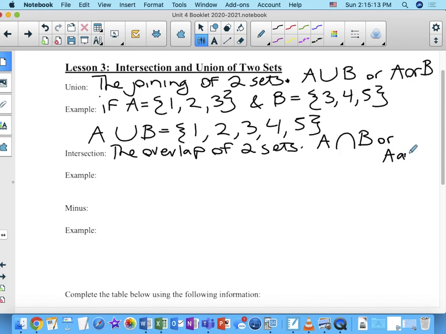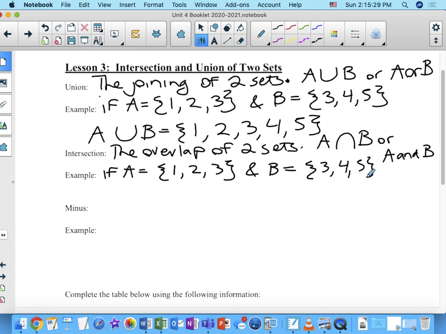A and B. Okay, and using the same sets, if A is 1, 2, 3, and B is 3, 4, 5, then A intersection B would be, what's the overlap between these two sets? It's just the element 3. That's the only one that's in both.